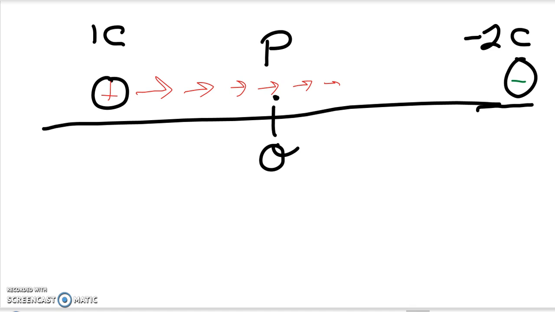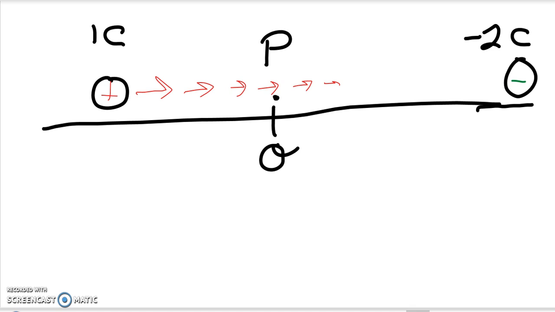When you looked at the formulas for Coulomb's law and the electric field, you noticed that the charges themselves get absolute value signs. So the formula only tells you the magnitude, but then it's up to you to decide the direction, and that's going to be based on the charges.